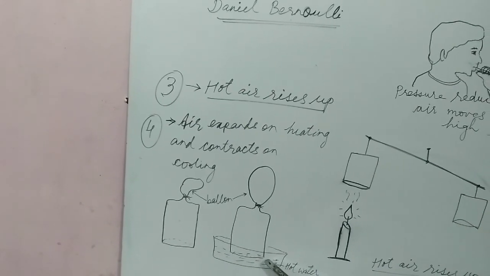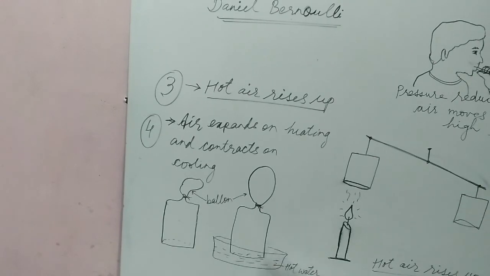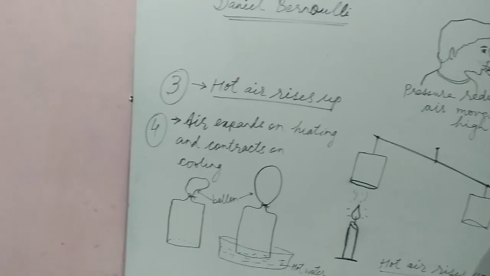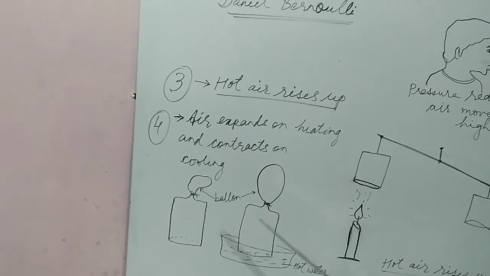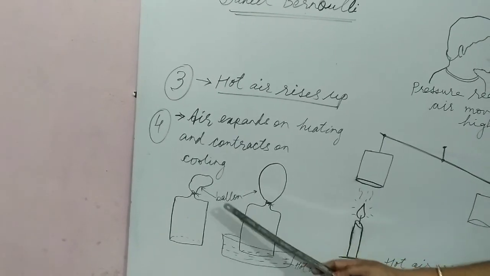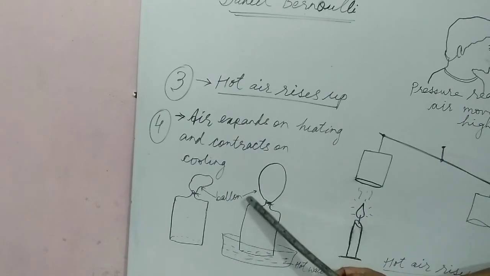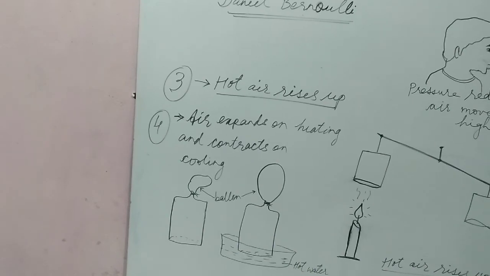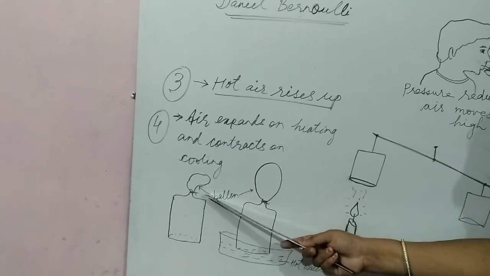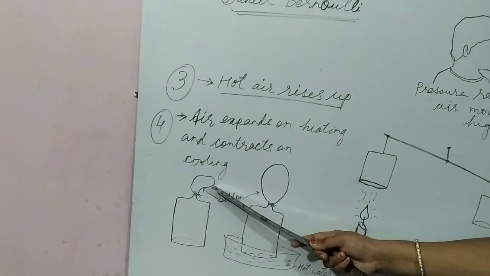Next, keep the bottle in a water trough filled with ice cubes. What happens now? You can observe that the air in the bottle expands on heating and fills the balloon. The greater the heating, the greater will be the expansion. Similarly, air in the bottle contracts on cooling. You can see in the picture.